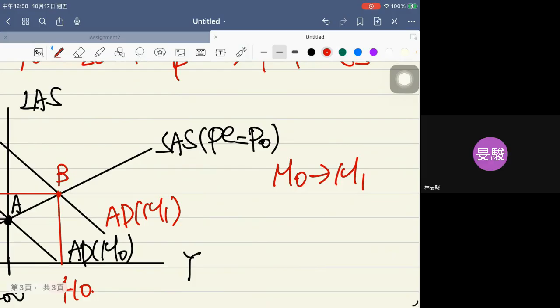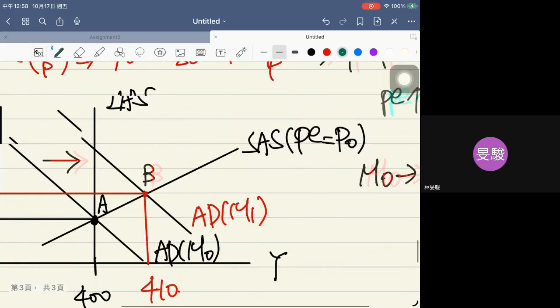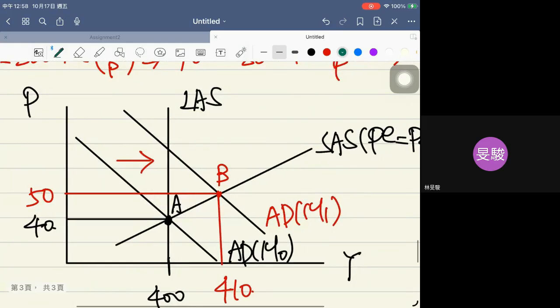So let me make it clear: your PE rises. So SAS shifts to the left.